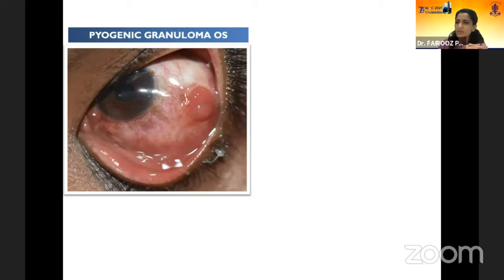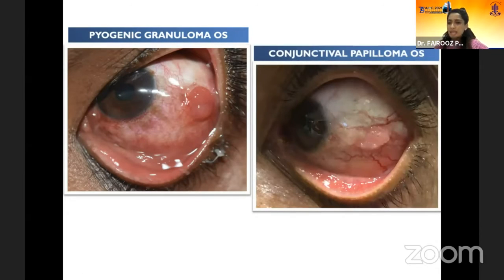It's very unlikely to have a recurrence within 2 weeks after excision, and this was in fact a surgical site pyogenic granuloma, which is very red in color. Now a similar lesion I'm going to show you is in the bulbar conjunctiva, far away from the limbus, and kind of very papillary. You can see the irregular surface, papillary fronds, more vascular, and this was a conjunctival papilloma in an immunocompromised patient.